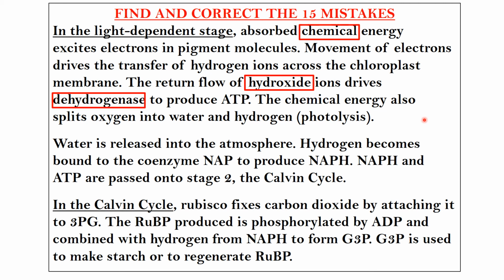It's not dehydrogenase, that should be ATP synthase. The chemical energy also splits oxygen into water and hydrogen, so that shouldn't be chemical, that should be light energy. The light energy also splits water into oxygen and hydrogen. So there's a few mistakes in there.